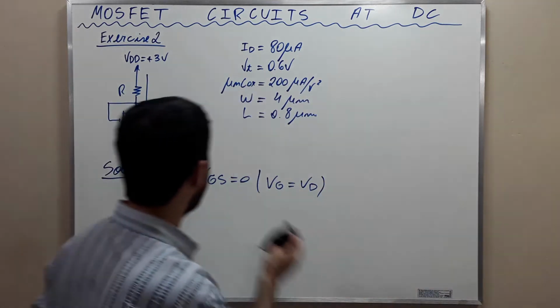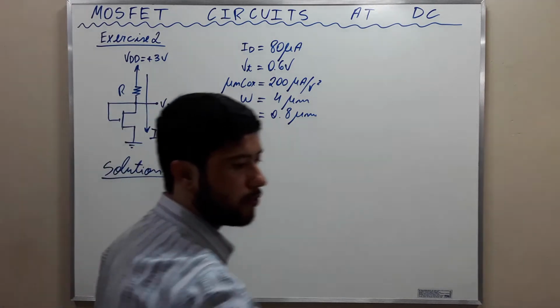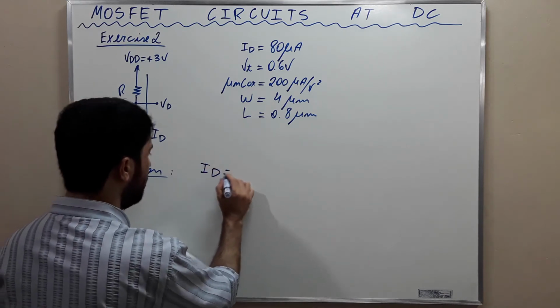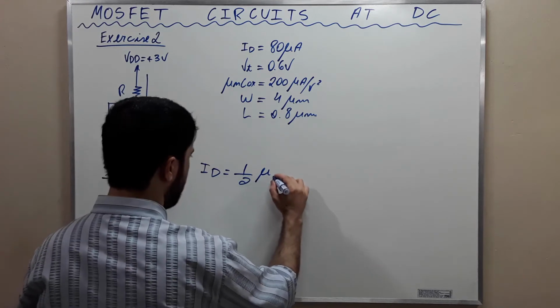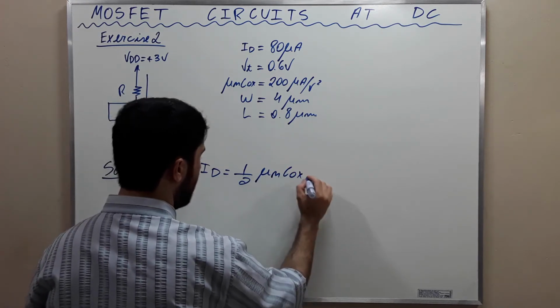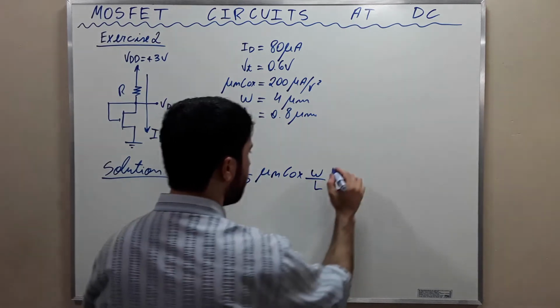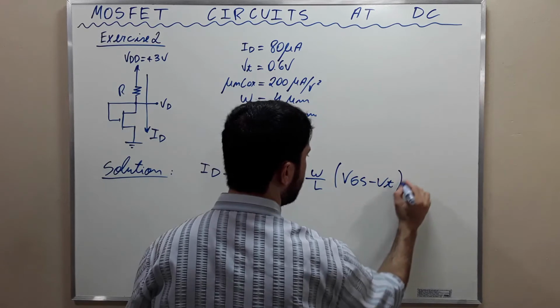And then, knowing that it is in the saturation region of operation, we use that ID is equal to a half of mu N Cox W divided by L times VGS minus VT squared.